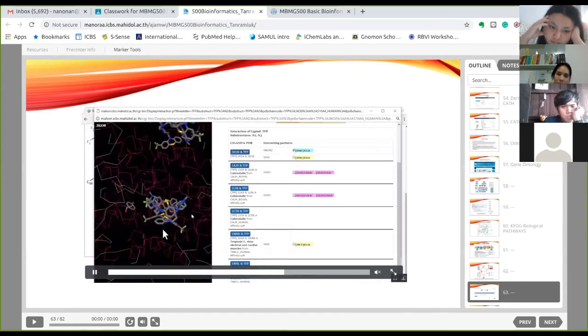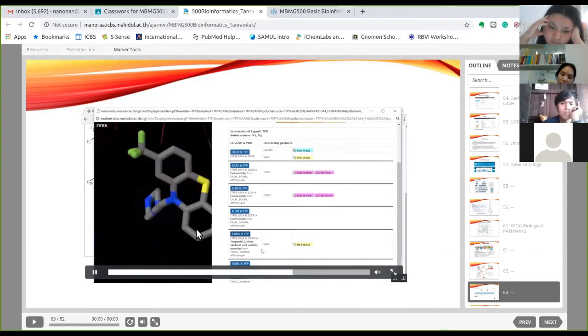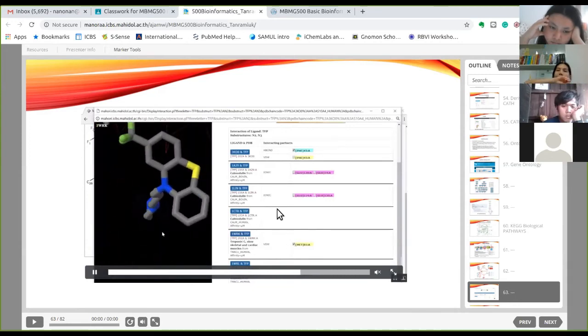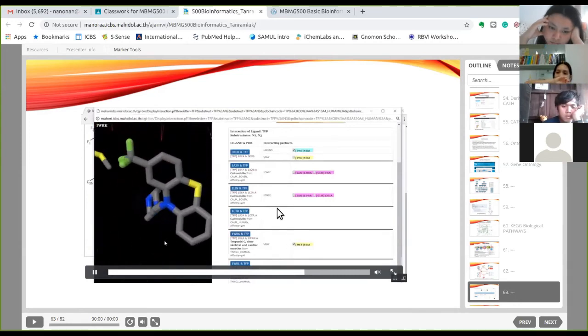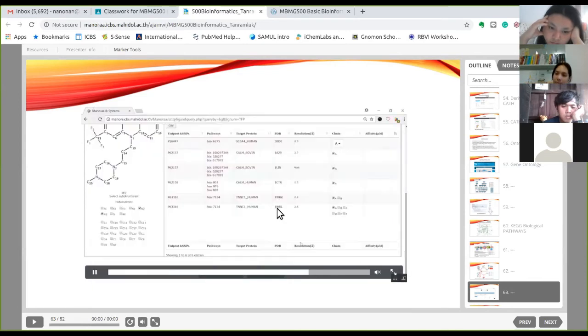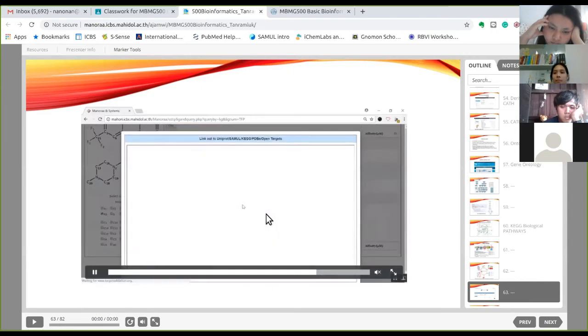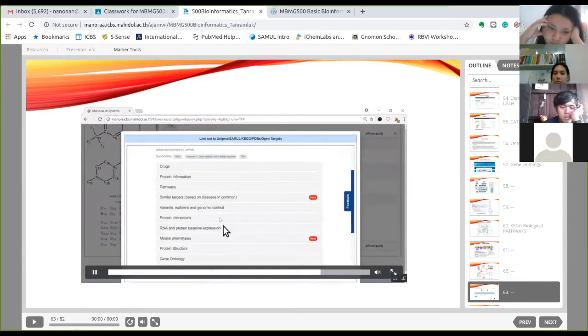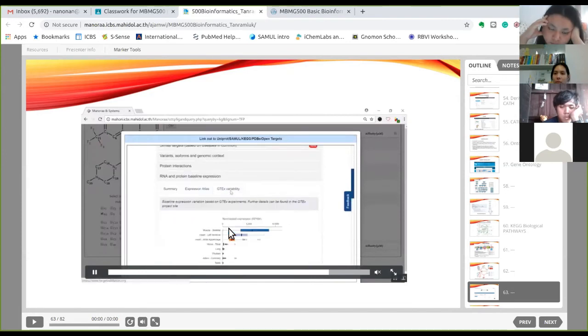It also shows you the structure of trifluoroperazine inside the protein and dissects it into molecular interactions, like how many hydrogen bonds each atom made inside the pocket of the protein. And it is also linked to protein and RNA baseline expression.